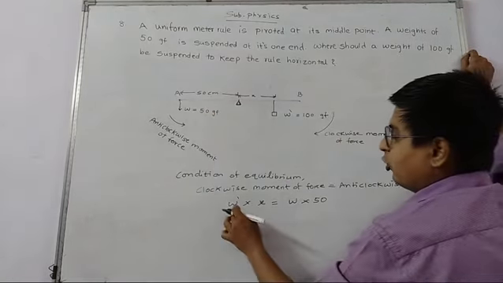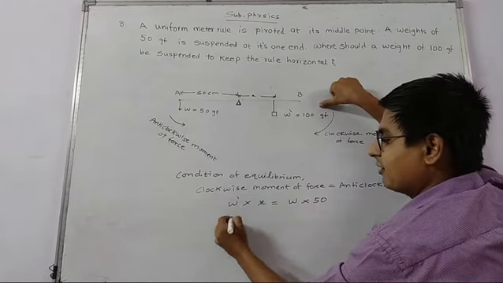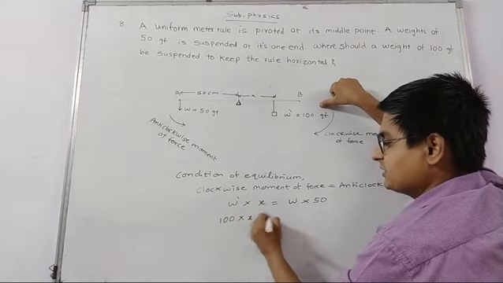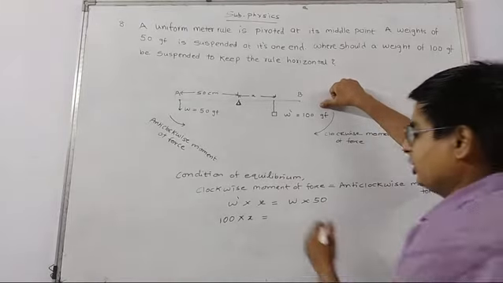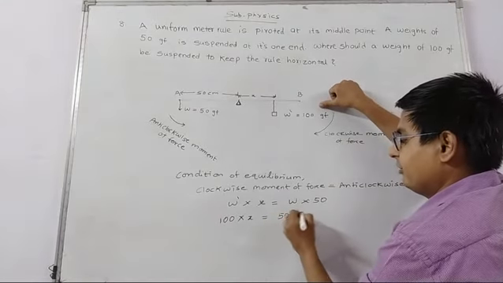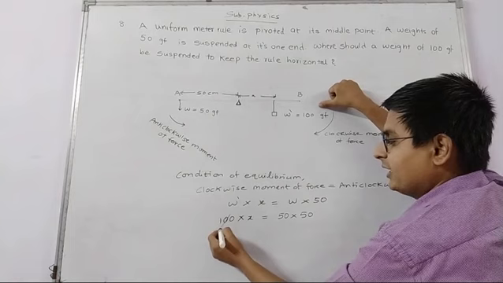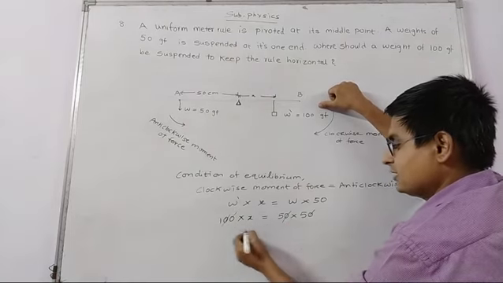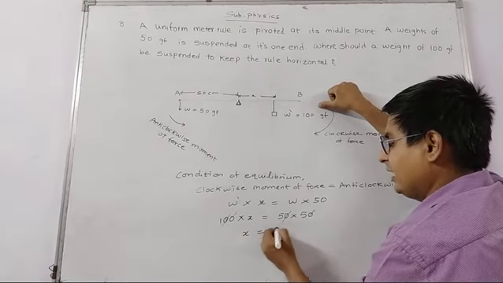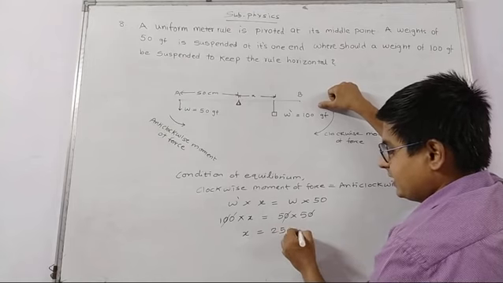Now what is W dash? W dash is 100 into x. x is unknown that we have to find. W is how much? 50. 50 into 50. We can directly cut these two zeros like this. You will get x is equal to 5 into 5, 25 centimeter.